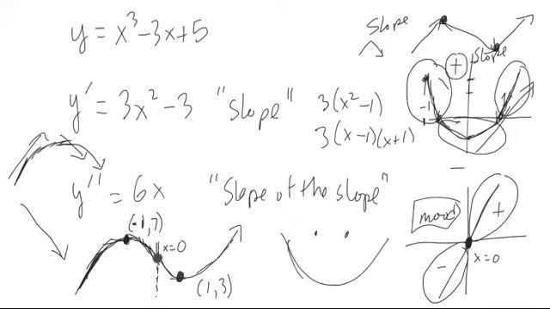In particular, I'm using those words a little flippantly, but the smile part is usually called concave up. And the frown portion is usually called concave down.